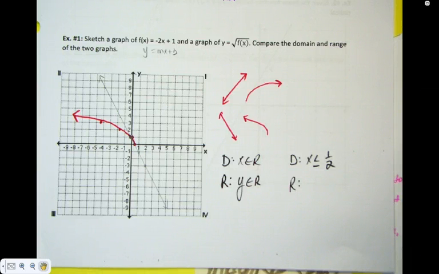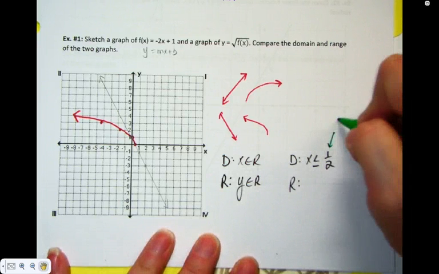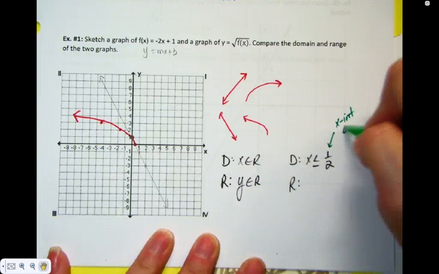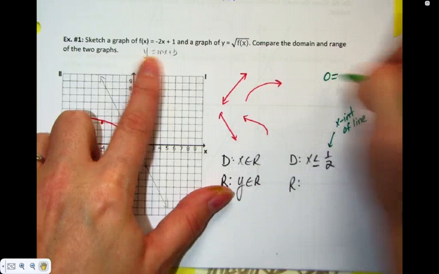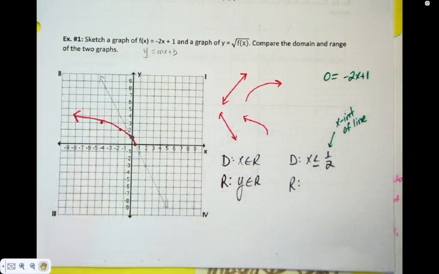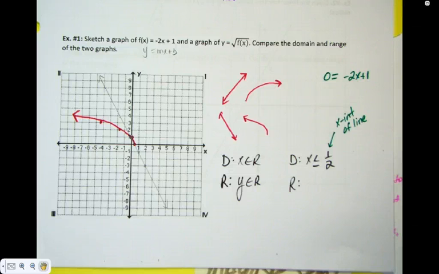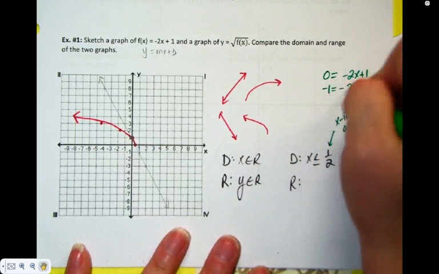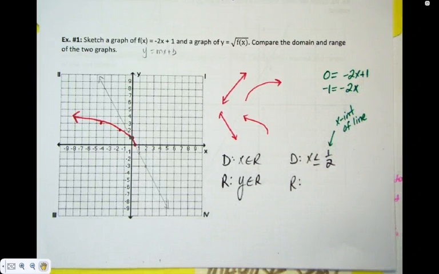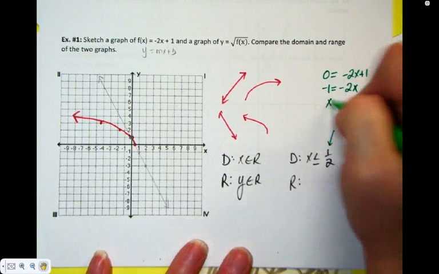Well, this value here is the x-intercept of the line. How do we mathematically, algebraically calculate an x-intercept? Replace the y with the 0 and then solve for x. How do I get rid of a plus 1? Divide by -2, x is a half.